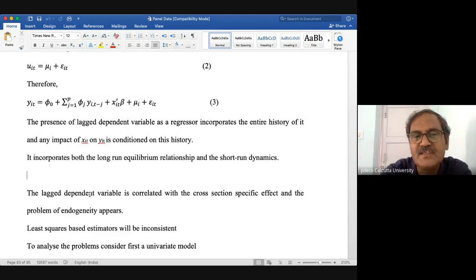And this non-zero correlation between regressors and the random error is a problem of endogeneity. So when we are using a lag dependent variable as a possible regressor to incorporate the dynamics, we have to face an additional problem, what is known as the problem of endogeneity.